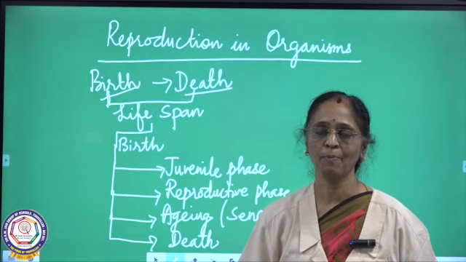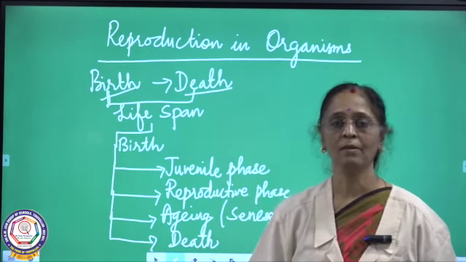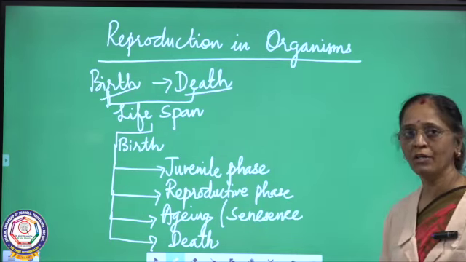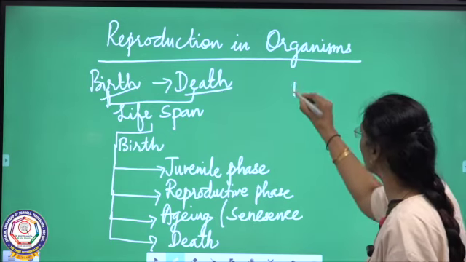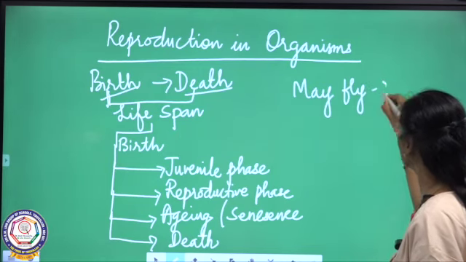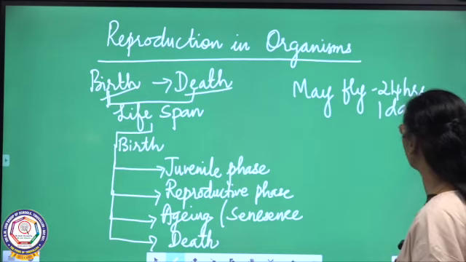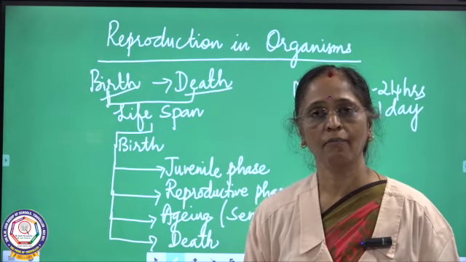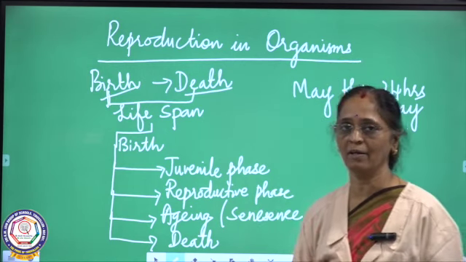And when we see the lifespan of an organism, it varies from one organism to another, and it is not correlated with the size of the organism. The shortest lifespan we will find in an insect called a mayfly, which has only 24 hours, that is a day. The young one hatches, from the pupa the adult emerges, and it all takes place only in a day.